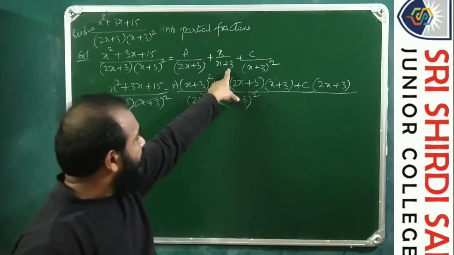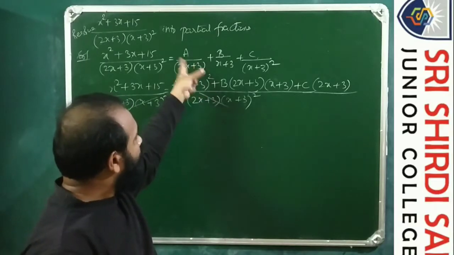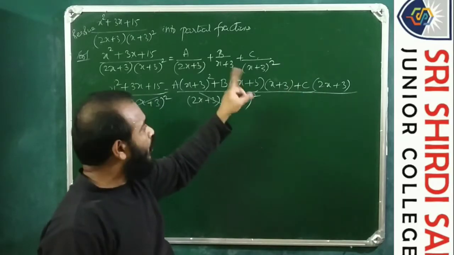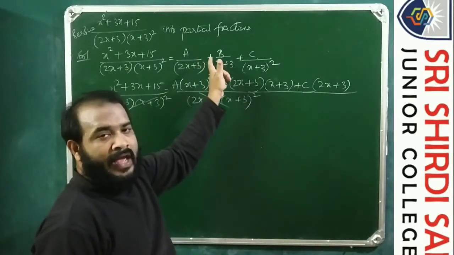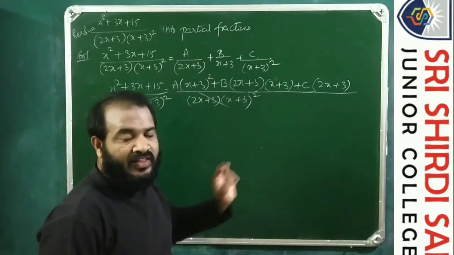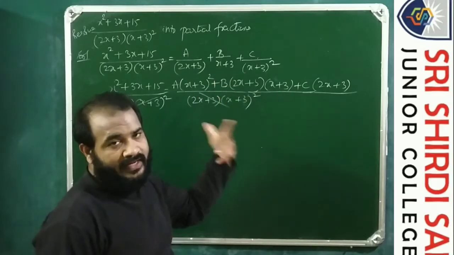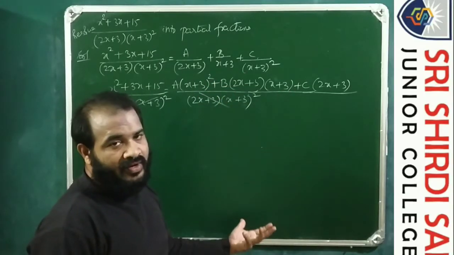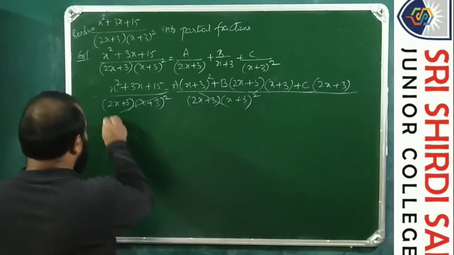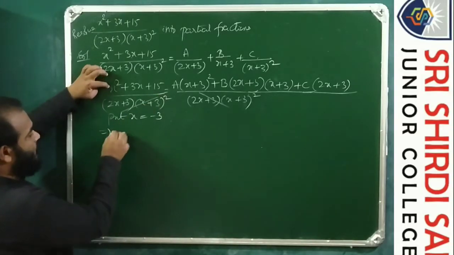So x equals to minus 3 and x equals to minus 3 by 2 are the two values that are going to be substituted for the value of x throughout the equation to obtain any two of the values of A, B and C. The remaining constant we will be getting through the comparison of the coefficients on both the sides.